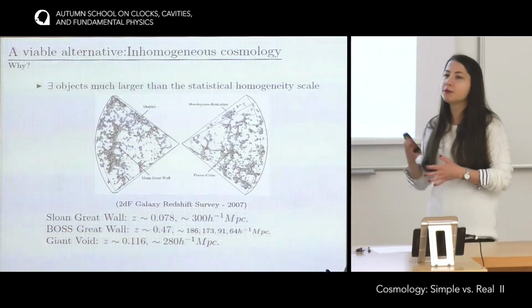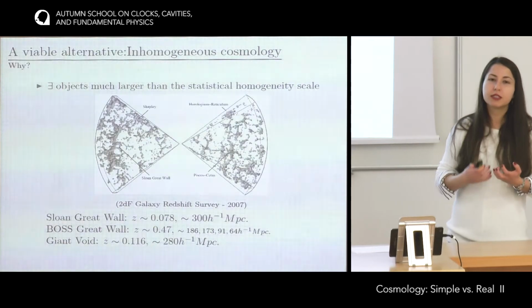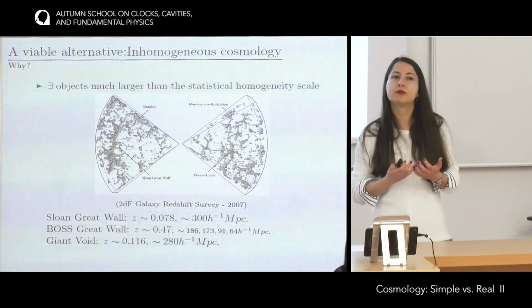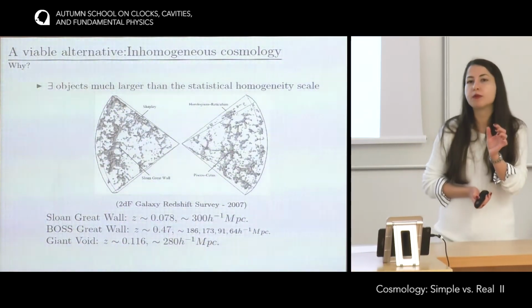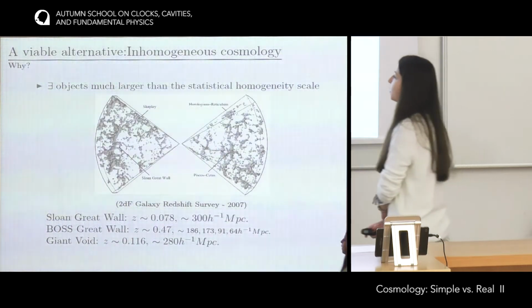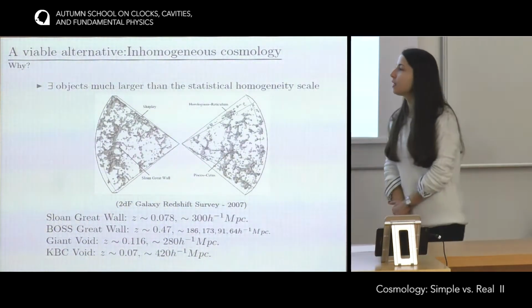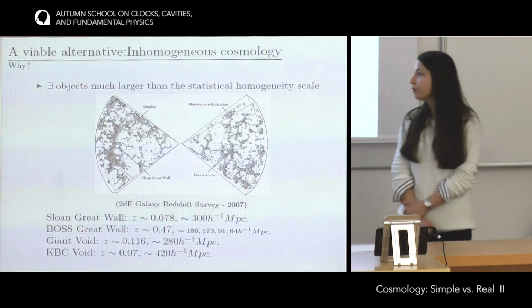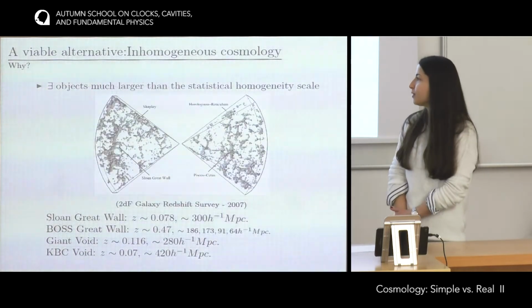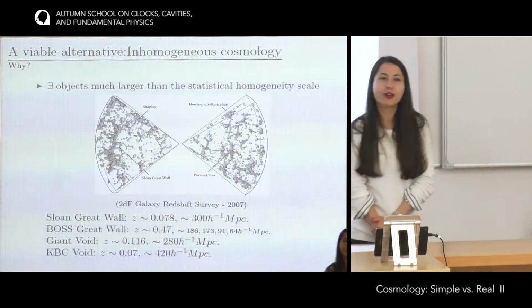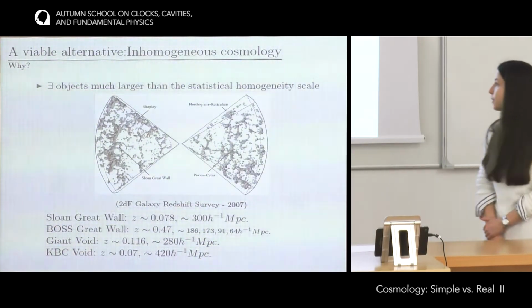So I don't know whether it really makes sense to talk about a statistical homogeneity of 100 megaparsecs at all. Then we have the KBC void, which is even greater than the giant void, 420/h megaparsecs.